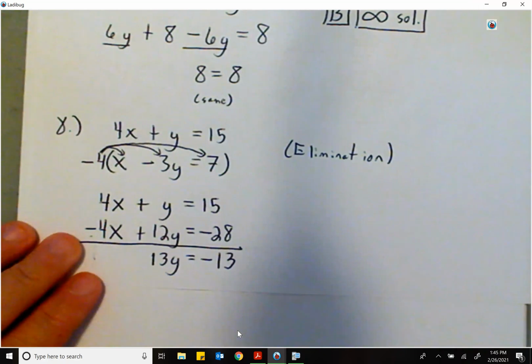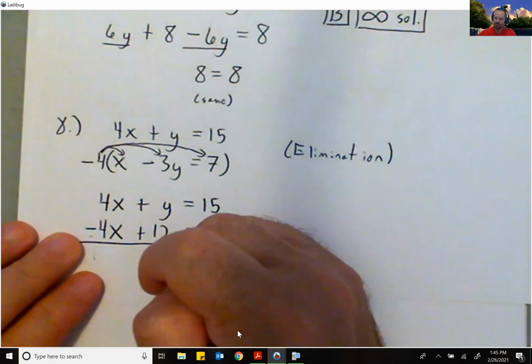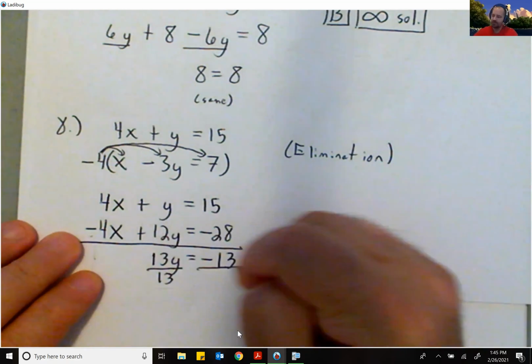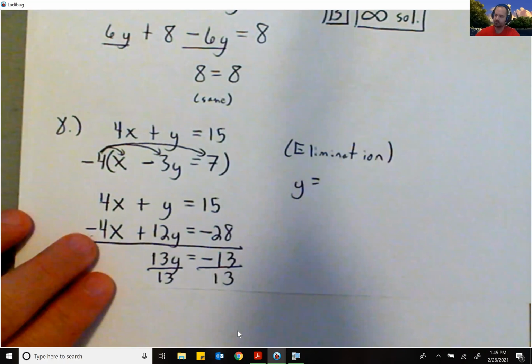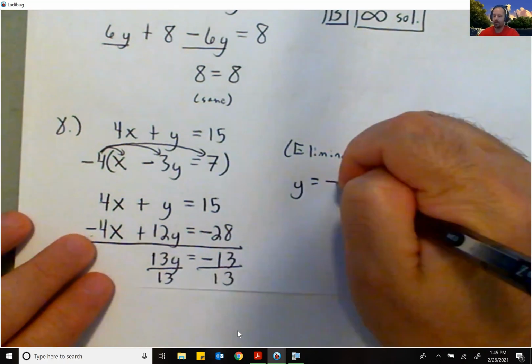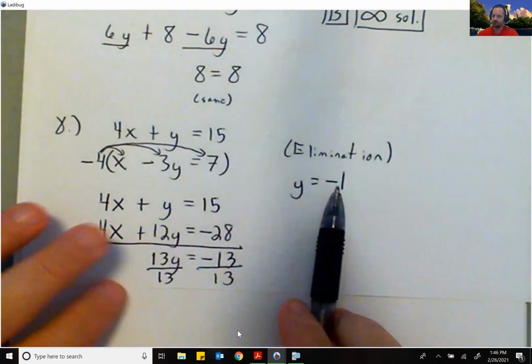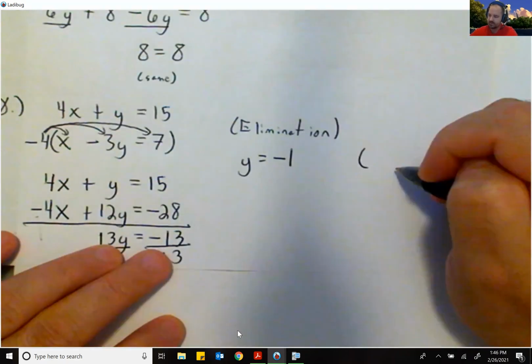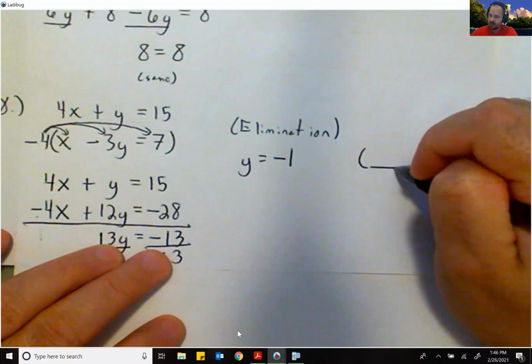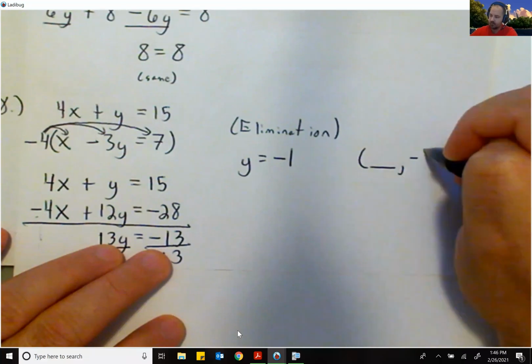Divide by 13. We're going to divide by 13, divide by 13. What does y equal? -1. Perfect. Now that we know what y is, that means our solution is going to be something, comma, -1.